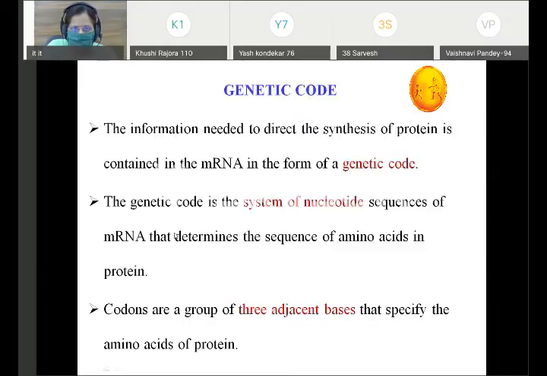Mutations. Okay. Firstly, we will see what genetic code is. The information needed to direct the synthesis of protein is contained in mRNA in the form of genetic code.